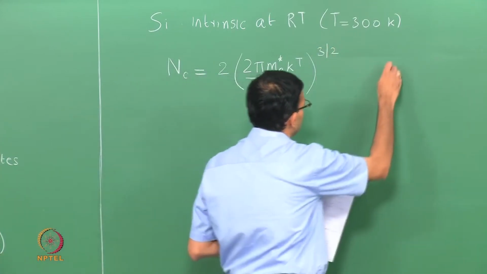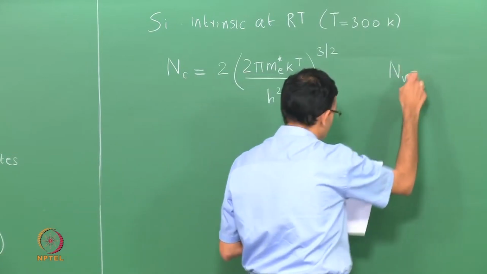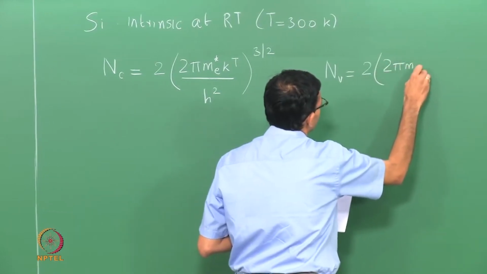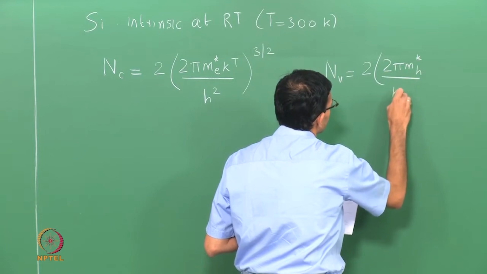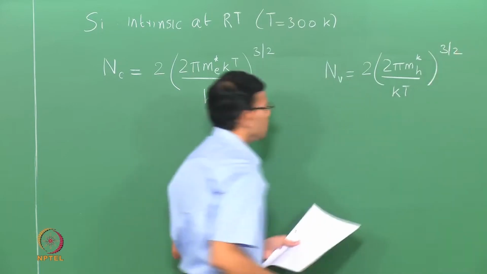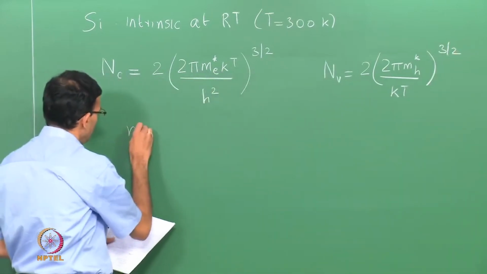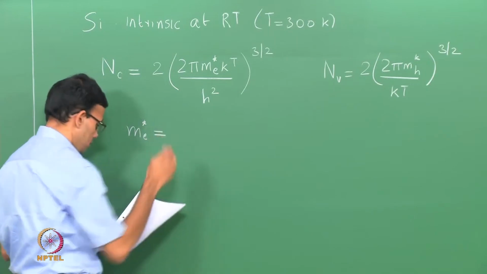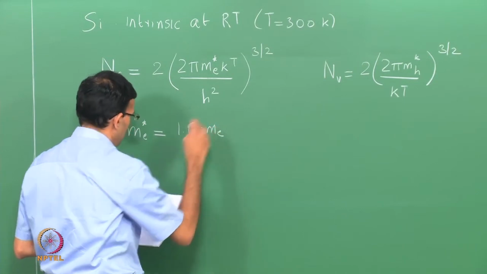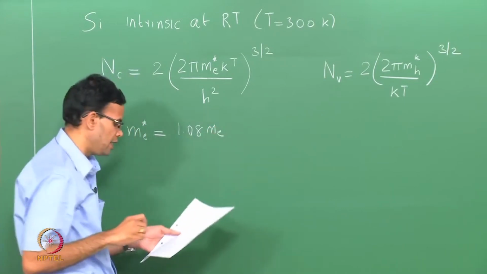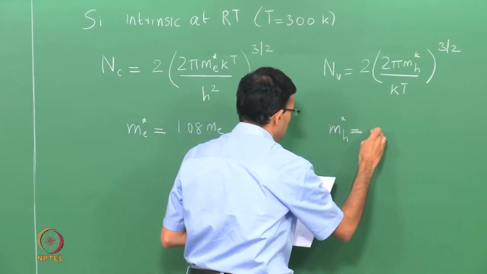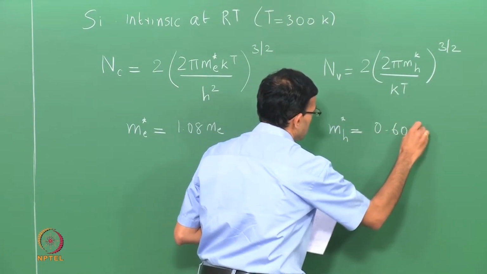We can write a similar expression for the density of states in the valence band Nv, with the whole power 3 over 2. In the case of silicon, me star is 1.08 times me, where me is the rest mass of the electron, and mh star is 0.60 me.